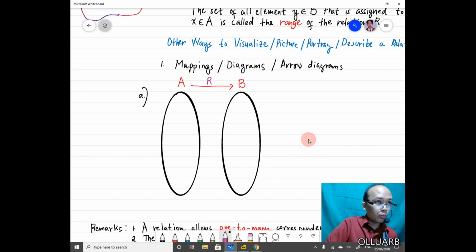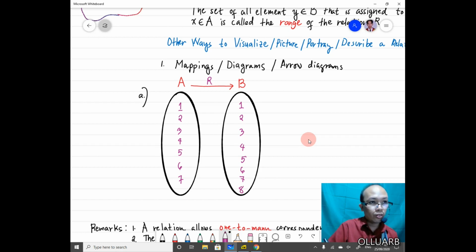So if you have judge 1, judge 2, judge 3, judge 4, judge 5, judge 6, judge 7, and then you have contestant number 1, contestant number 2, number 3, number 4, number 5, number 6, number 7.